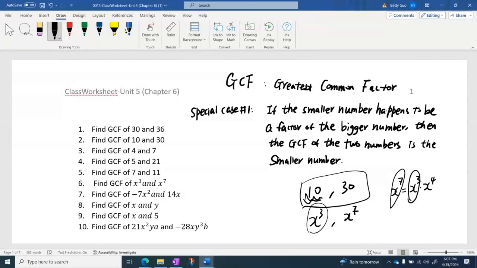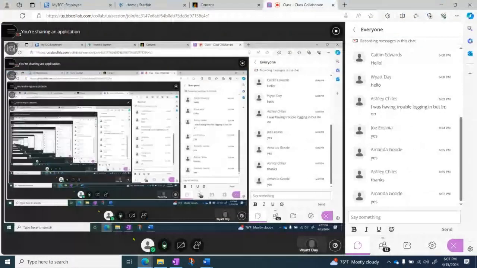And when it comes to two exponential expressions with the same base, for example, x to the power 3 and x to the power 7, the GCF of those two expressions is the one with the lower degree, because x cubed is a factor of x to the power 7. Okay, very good. You guys remember that.